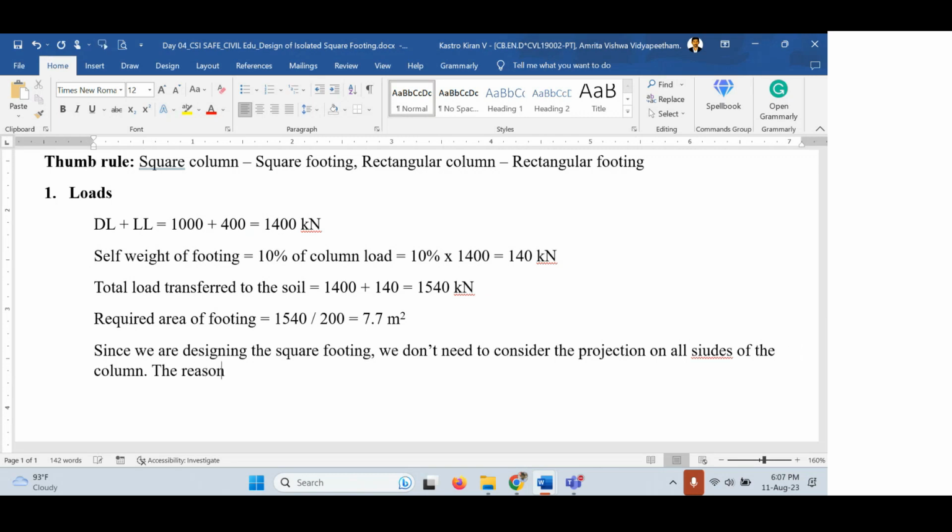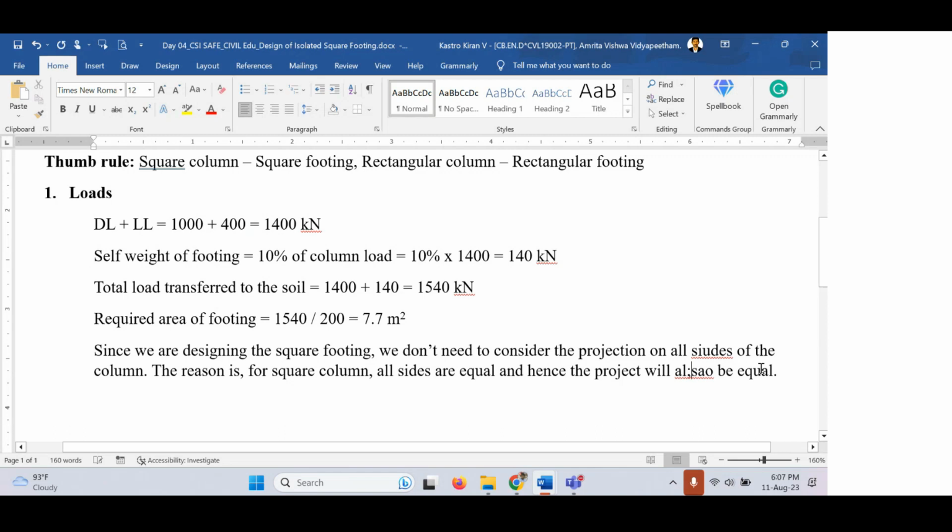The reason is, for a square column, all sides are equal, and hence the projection will also be equal. Okay, this is the consideration. So that's why we don't need to consider the projection for the calculation of square footing design.